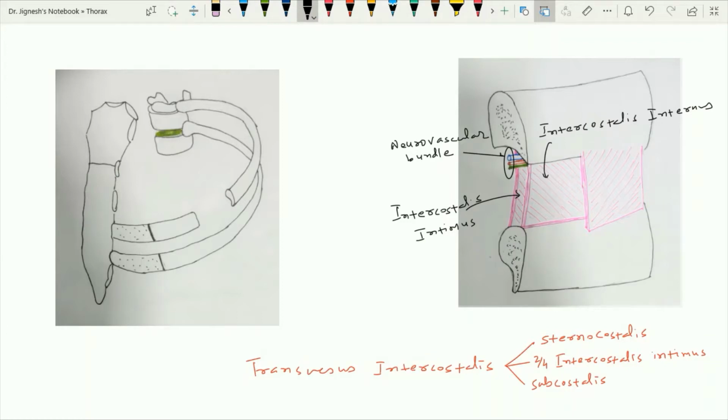One more important thing to note regarding this intercostalis intimus muscle is that it is absent in the upper two intercostal spaces, and that's why this neurovascular bundle is present within the endothoracic fascia, which lies between the intercostalis internus muscle on the outer side and the parietal pleura on the inner side.